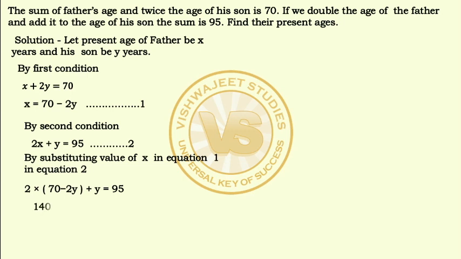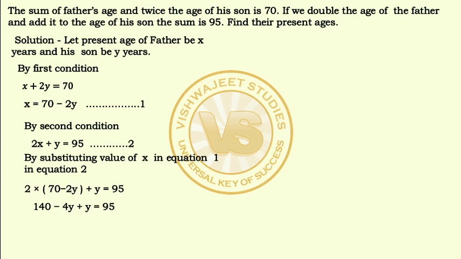After multiplication, we get 2 into 70 as 140. Multiplication of plus and minus sign, we get minus as the answer. So 2 into 2y is 4y, plus y, equal to 95 as it is.